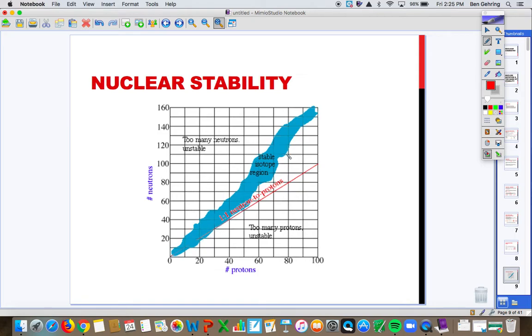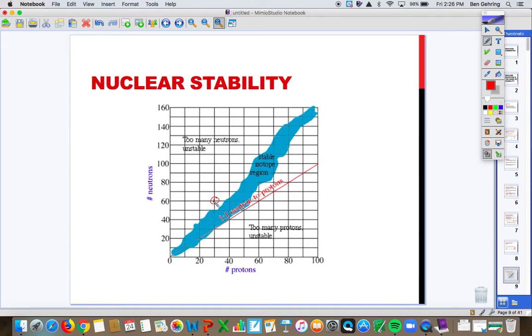The bigger you get, the more buffers you need, and the larger your ratio gets. This is known as our band of stability, meaning that nuclides that fall in this region typically tend to be more stable. If you fall above here, for example, if I have an atom that's got 30 protons and let's call it 60 neutrons.